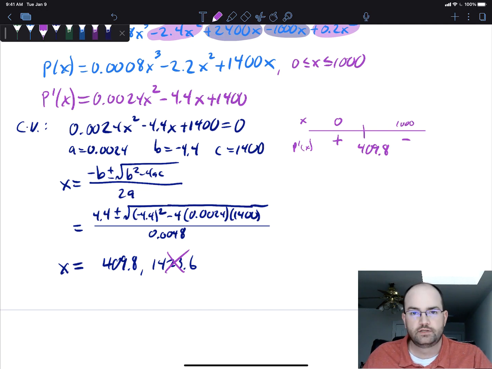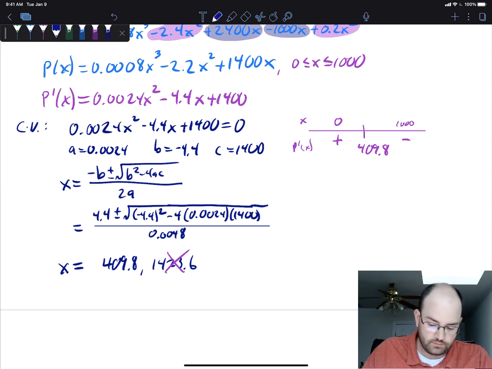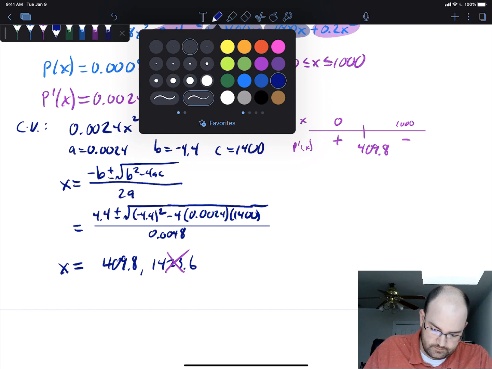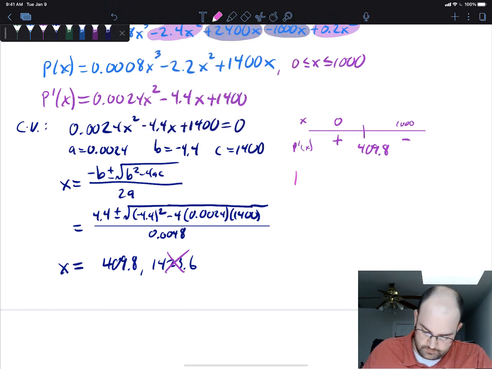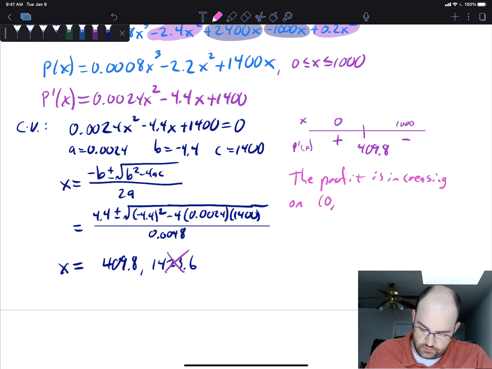Good. So, where is the profit function increasing? Well, the profit is increasing on 0 to 409.8.